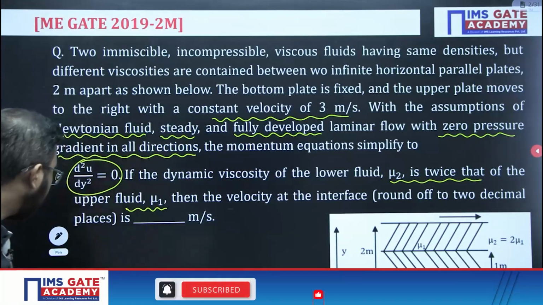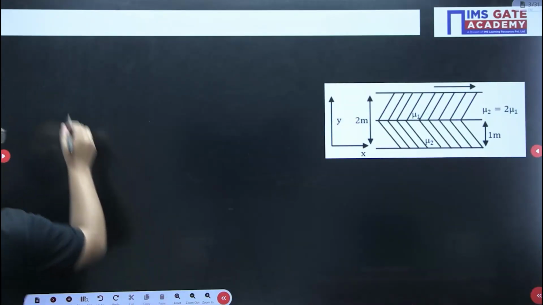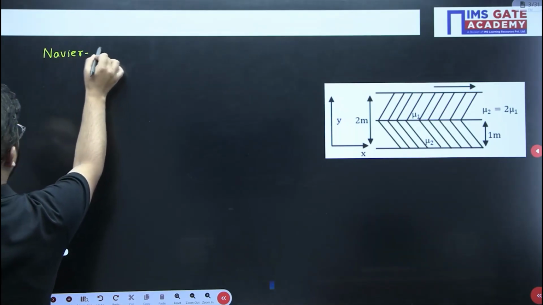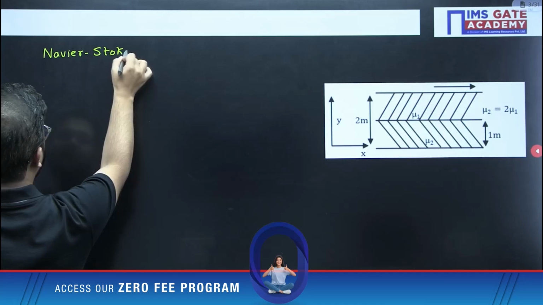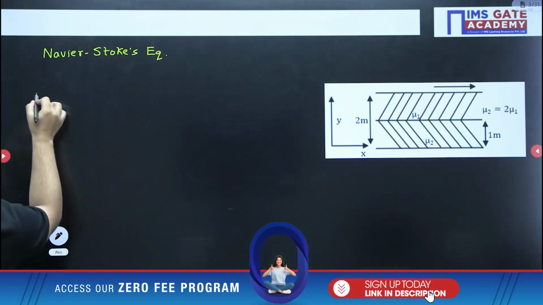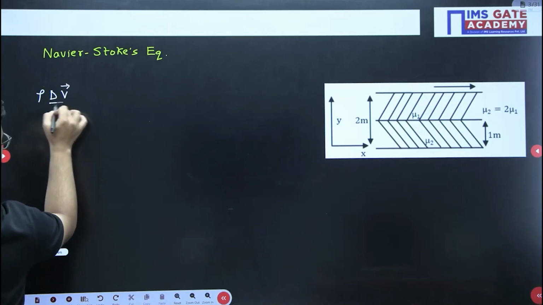Now what is this momentum equation that we need to understand? The momentum equation is nothing but the Navier-Stokes equation. That Navier-Stokes equation we need to know. You should remember this Navier-Stokes equation. This is very important for the GATE examination.